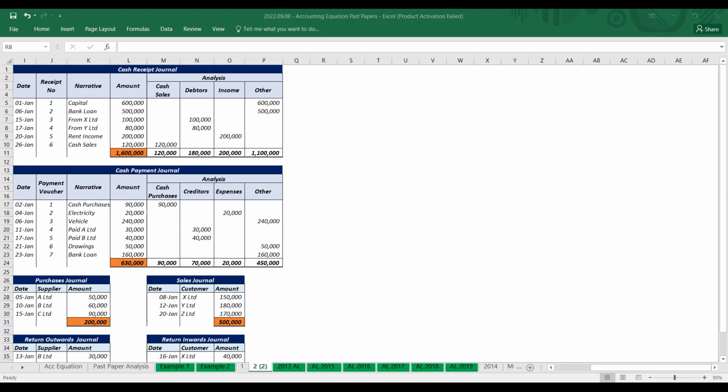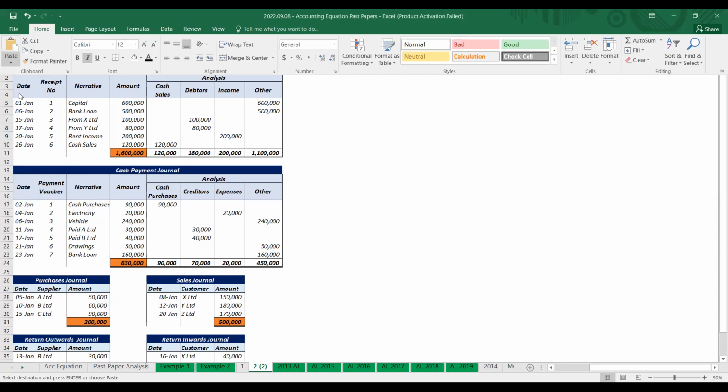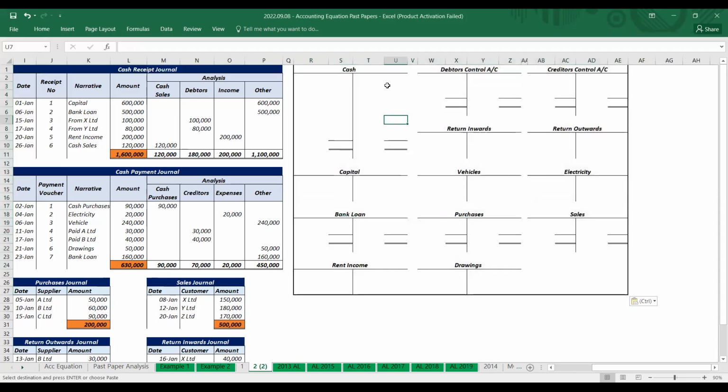And after the general ledger, I will prepare the sub ledger for debtors and creditors. So we need a cash account. This is the general ledger. We need a cash account.